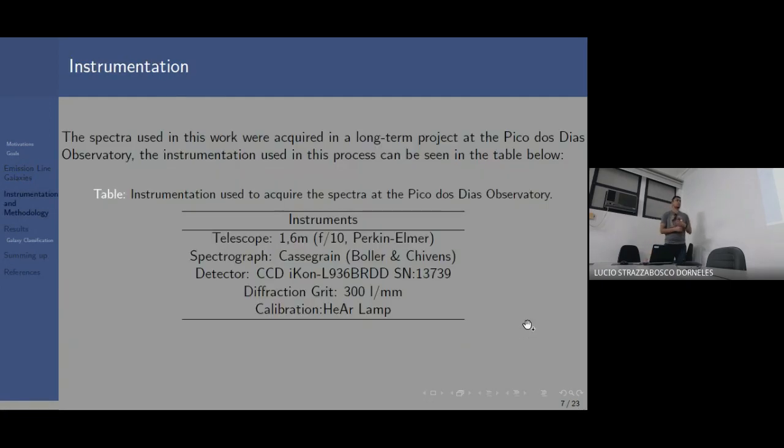The instrumentation used to acquire this data was the telescope, the spectrograph, the detector, the CCD, and a diffraction grating of 300 lines per millimeter. For the calibration, we use helium and argon lamps.